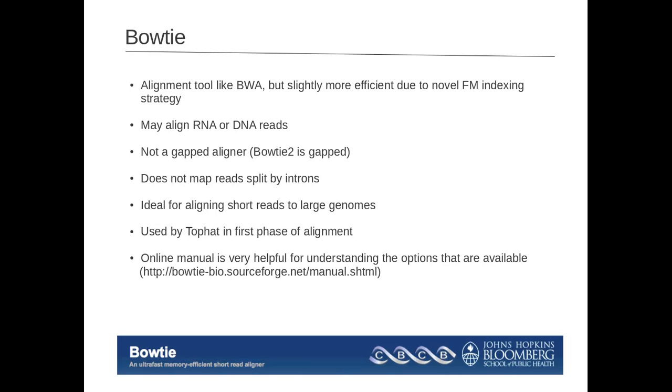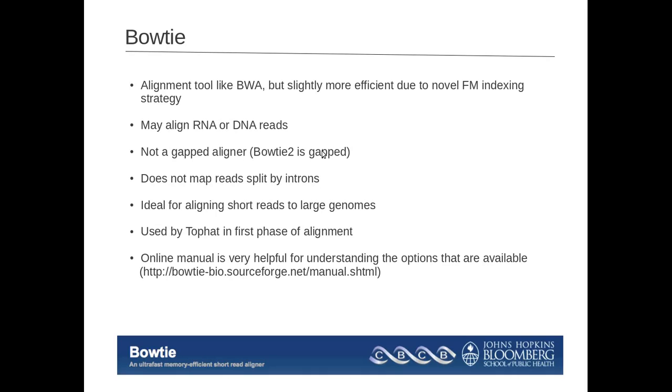Bowtie is, again, our aligner that we use frequently in RNA-seq analysis. We could also use BWA, except remember that Bowtie is implemented by Top Hat, where BWA is not. So Bowtie is the first of the two phases of the Top Hat alignment protocol. So it's not a gap aligner, as I said. Bowtie 2 is.